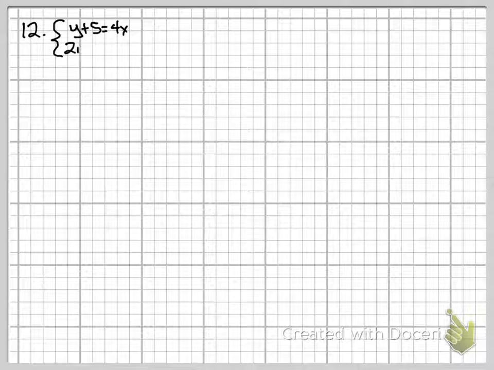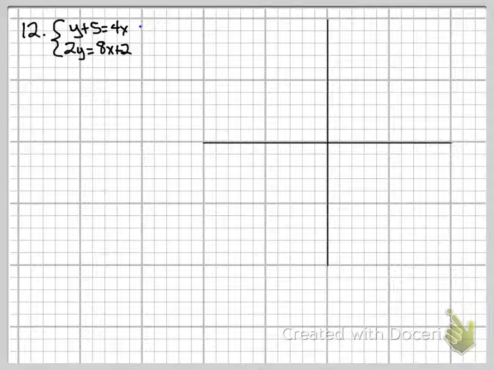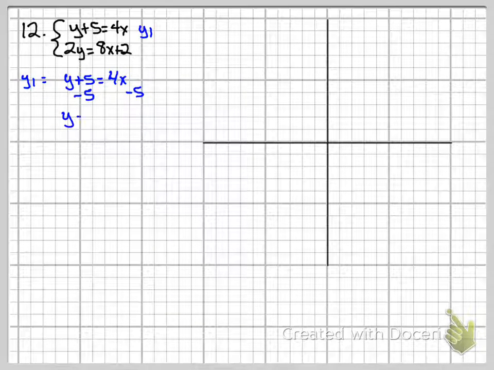Number 12 has a little interesting twist to it. We have y plus 5 is 4x. We have 2y equals 8x plus 2. So, for y1, we subtract the 5, and we get y is 4x minus 5.